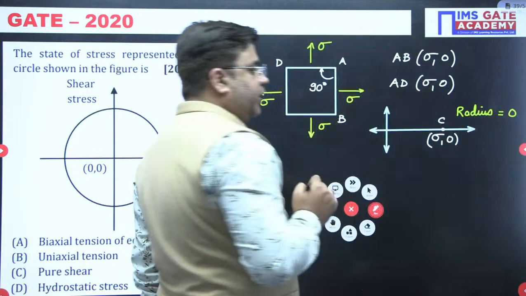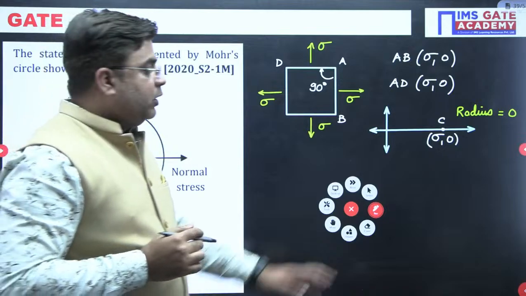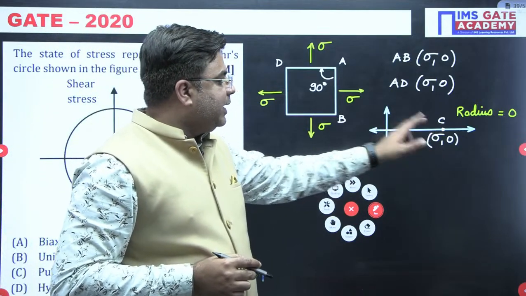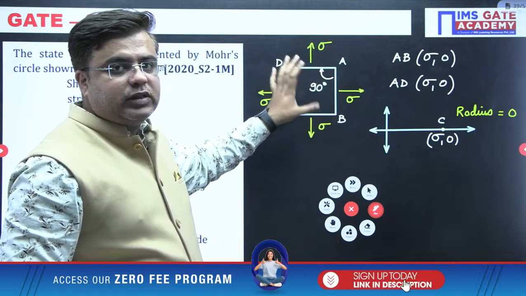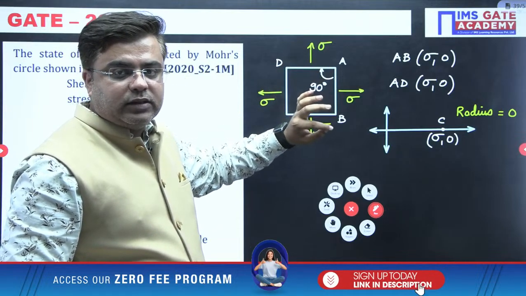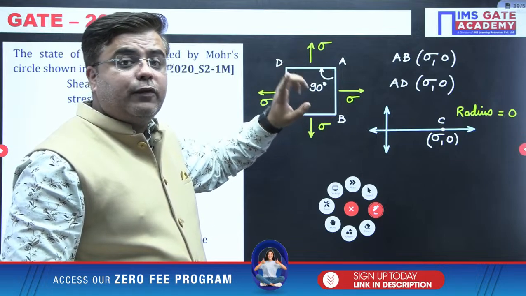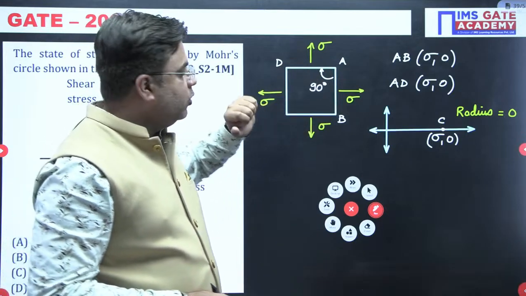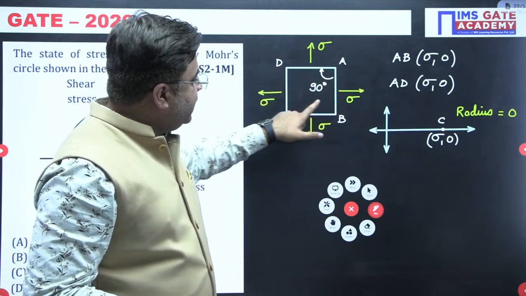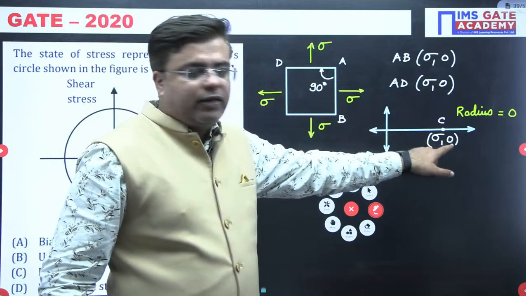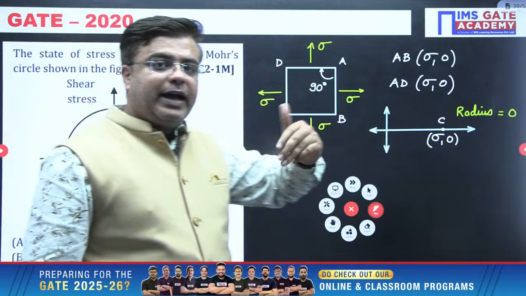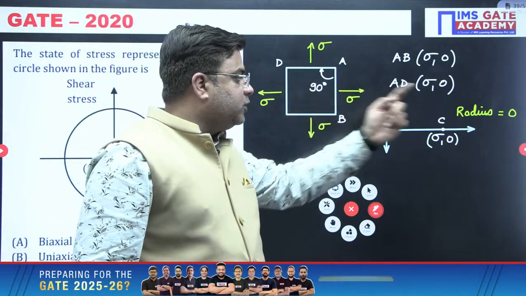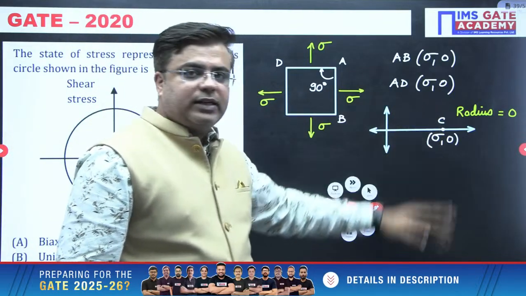What is the important thing about this type of Mohr circle? This type of Mohr circle indicates that all the planes present in this state of stress are termed as principal planes. So for this state of stress, you have infinite principal planes, because all the planes will have only normal stress, there will be no shear stress. So for this type of loading, the radius of the Mohr circle will be 0 and it's a point circle.